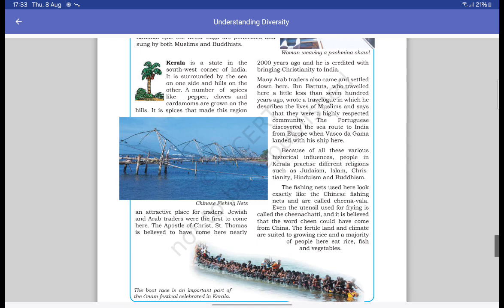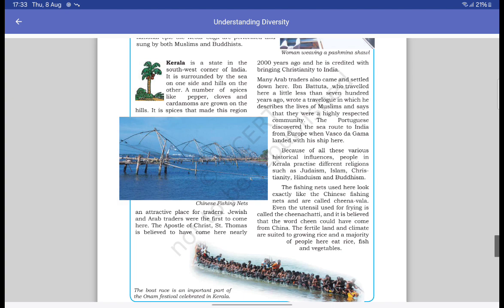The second meaning is a historical figure: each of the 12 chief disciples of Jesus Christ. It is said that Jesus Christ had 12 main disciples, and those disciples were called apostles of Christ. One of those apostles was Saint Thomas.